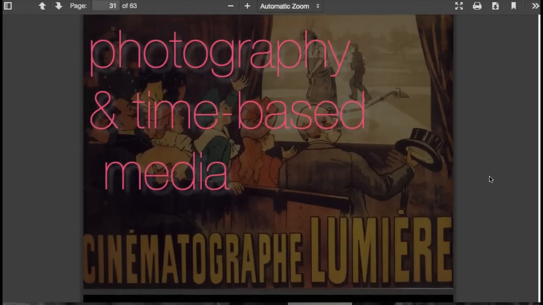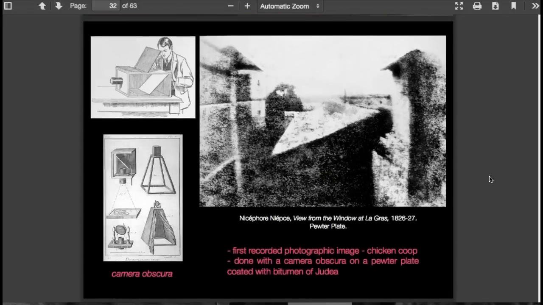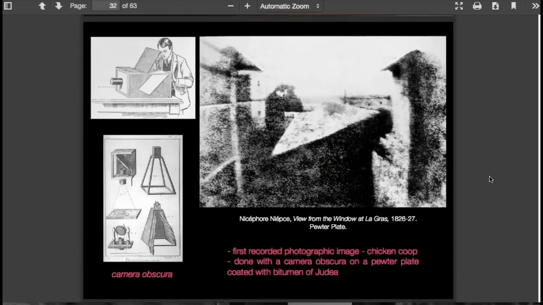Okay, let's talk about photography and time-based media. This is going to be a very basic, broad introduction to this medium, but we'll do the best we can. We have the first recorded photographic image in 1826, 27-ish, what we've kind of figured out.